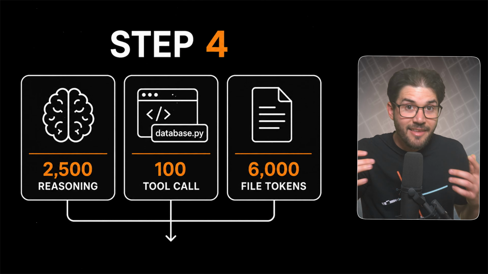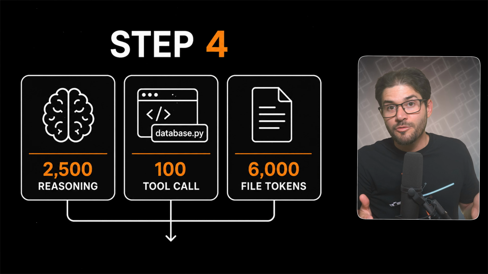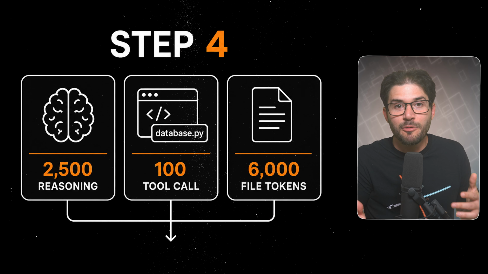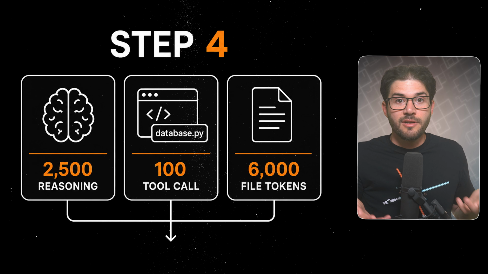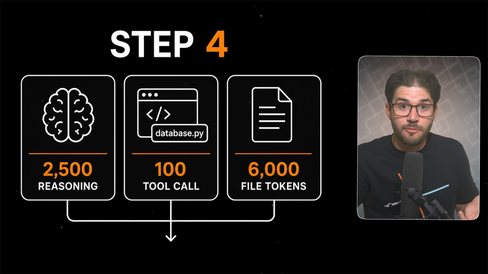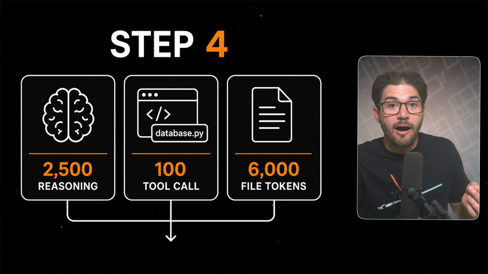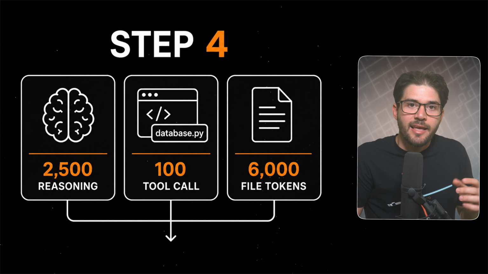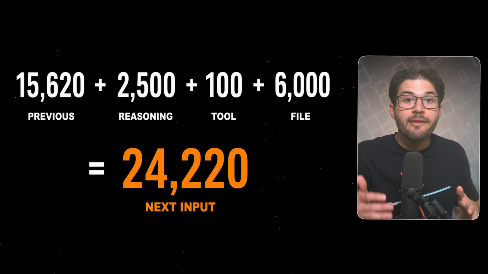In step 4, it performs more thinking on another file. Here, the agent thinks again based on the file. More thoughts, it could be 2,500 output tokens again. Let's say it decides it also needs to read database.py, another tool call of 100 output tokens, and the second file's content, let's say, is 6,000 tokens. So the context is now even bigger.